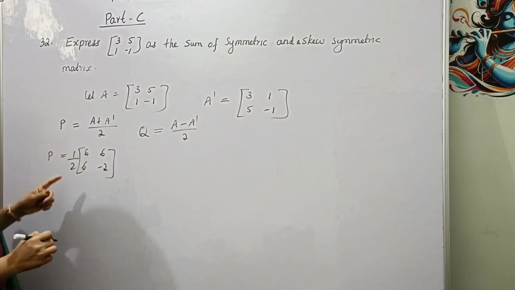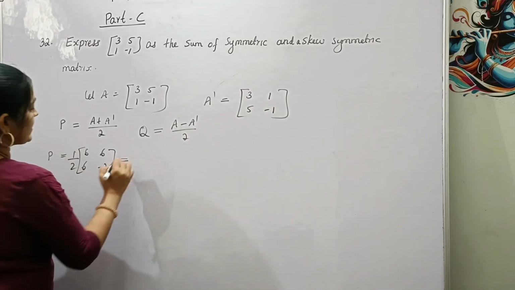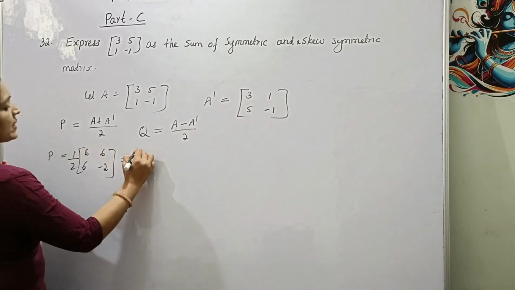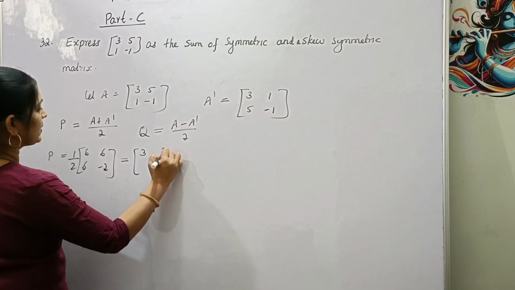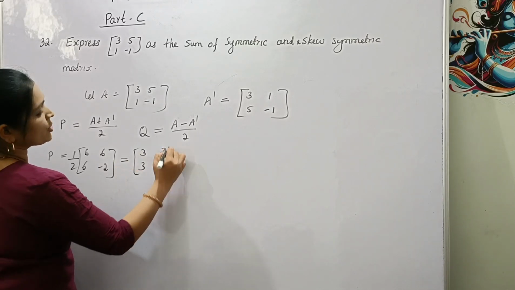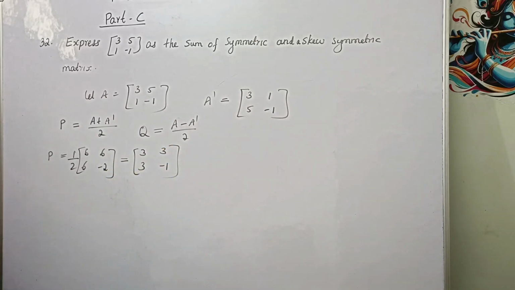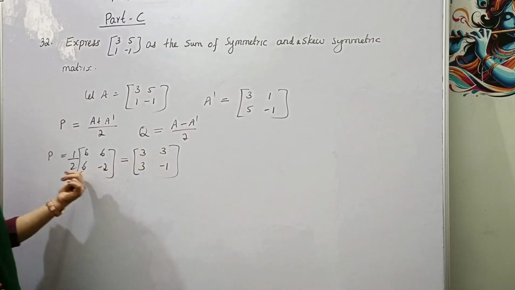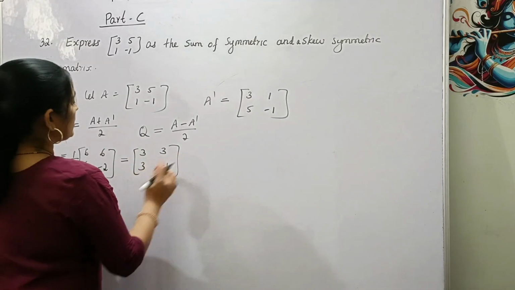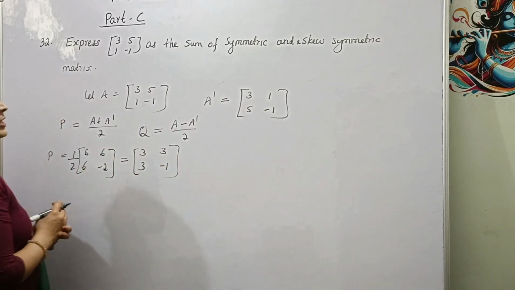That is equal to 6 by 2 is 3, 3, 3, minus 1, dividing all the elements by 2. Now here we have got the symmetric matrix.